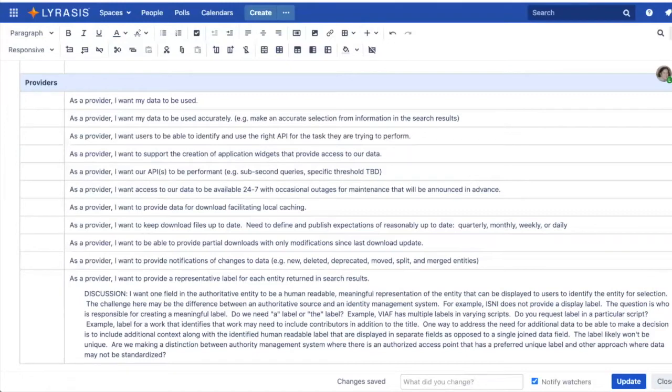I have in mind some specific cases where we go to search and other sources and the providers tell us, okay, please don't use my data in this way. You need to do something.